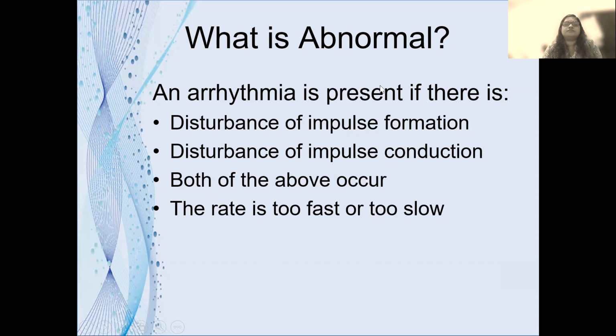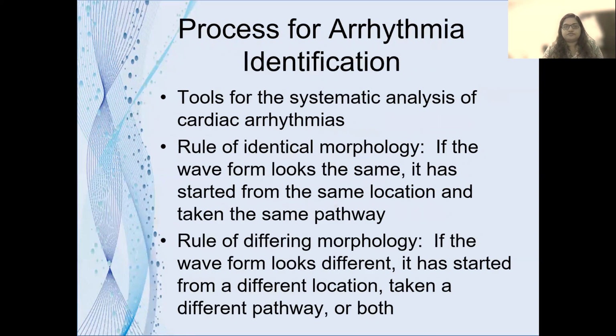An arrhythmia is present if there is a disturbance of impulse formation in the SA node, or a disturbance of impulse conduction from the SA node to the AV node and the rest of the conducting pathways. Both can occur together, and the rate may be too fast or too slow. All these can contribute to the occurrence of an arrhythmia.